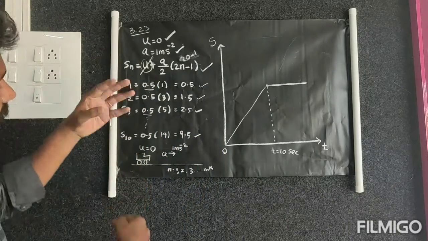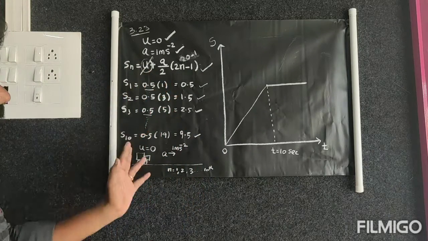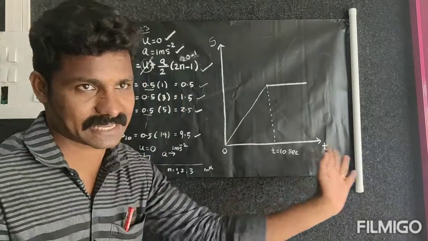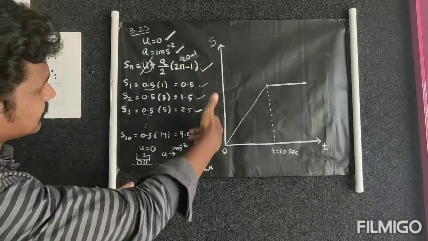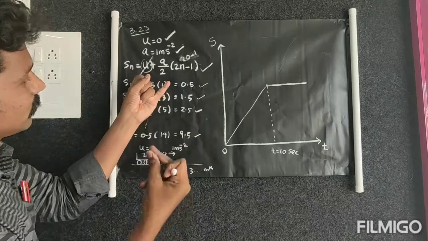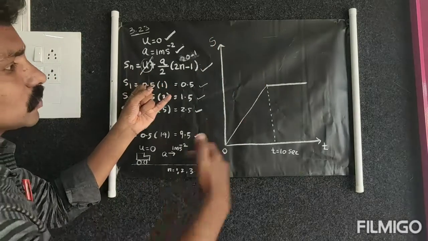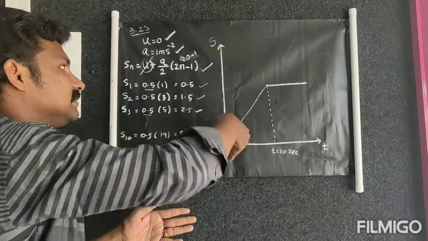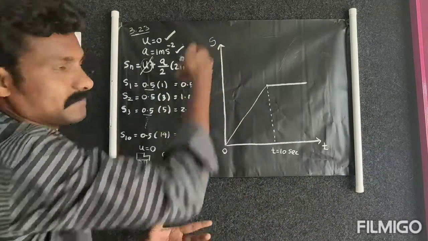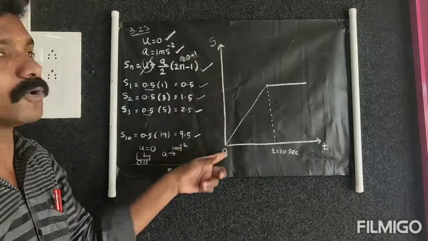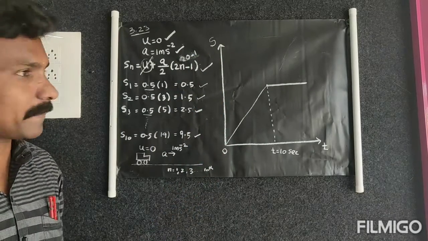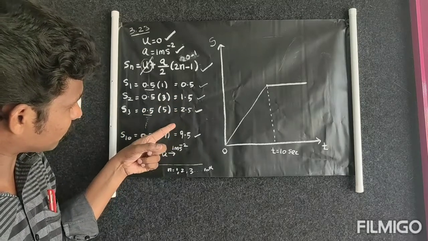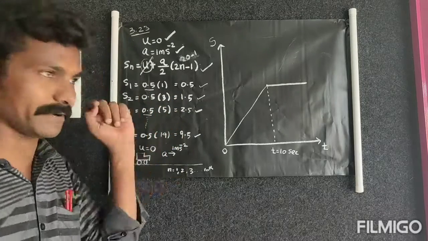So what have we got? Time is first, second, third, fourth, fifth, up to the 10th second, on the x-axis, and the distance covered in the nth second, 0.5, 1.5, 2.5, 3.5, 4.5, is on the y-axis. 0.5, 1.5, 2.5, 3.5, 4.5, 5.5, 6.5, 7.5, 8.5, 9.5.